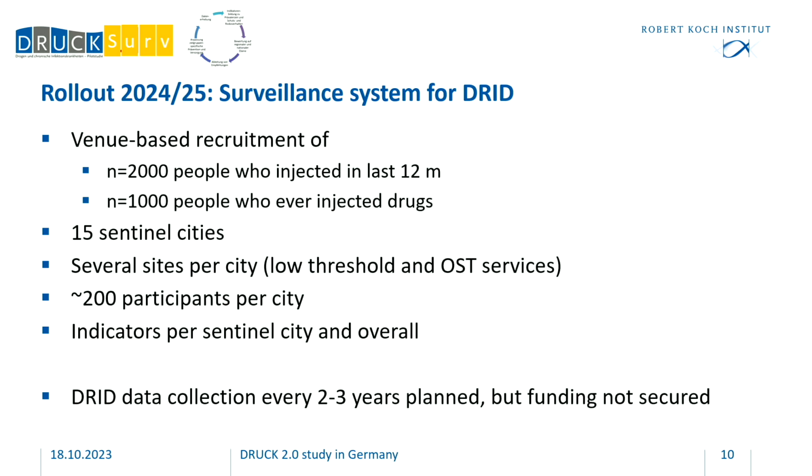We have decided to go for sentinel cities, where we have several sites per city, again low threshold and OST services, around 200 participants per city, and then we can present indicators by sentinel city and also overall. The data collection is planned to be repeated every 2 to 3 years. However, funding is not really secured just for this first round.